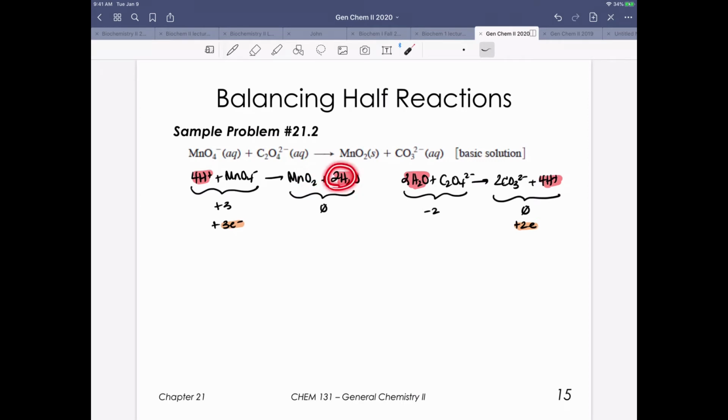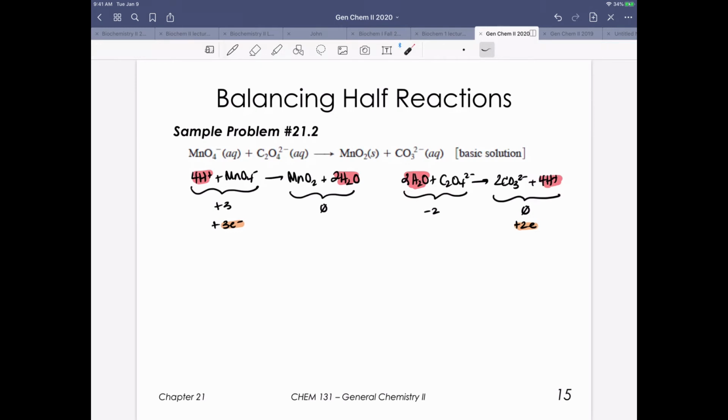And because we added 4 H+ over here, now we're going to add 4 to our left side. Coming over with our oxalate and our carbonate, we can see that we've got 6 oxygens here, 4 already on this side, so we're going to need to add 2 waters. Adding 2 waters means adding 4 H+.